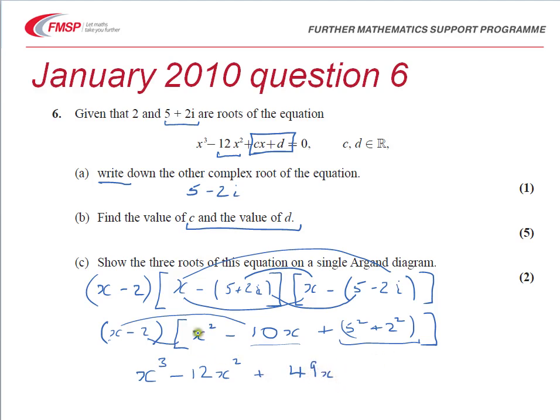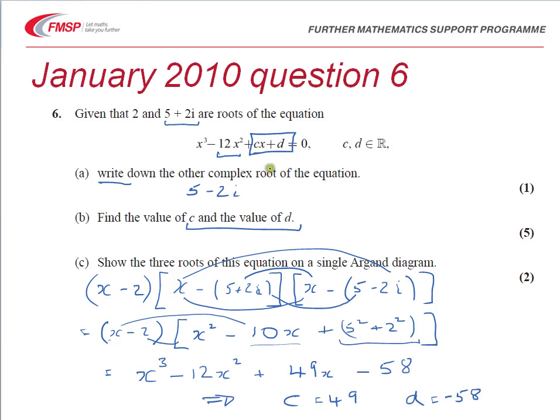And then the number term, negative 2 multiplied by 29 is negative 58. So there we are, multiplying out the factorized form, and of course now we can compare the coefficients, and clearly we have that c is equal to 49 and d is equal to negative 58.